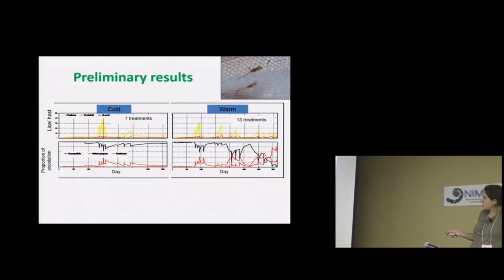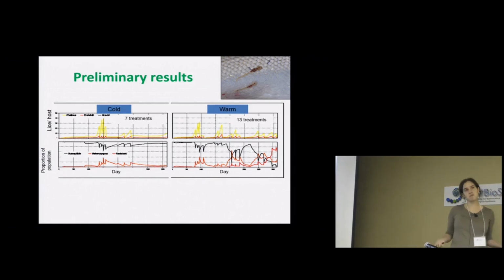In comparison, in our warm year, we have a much higher increase in the number of both heterozygous and homozygous individuals. And so this is kind of confirmation that our model is working as we expected, both because we have greater selection with more treatments and also because we have a much faster generation time in the warm years. You would expect resistance to evolve faster.